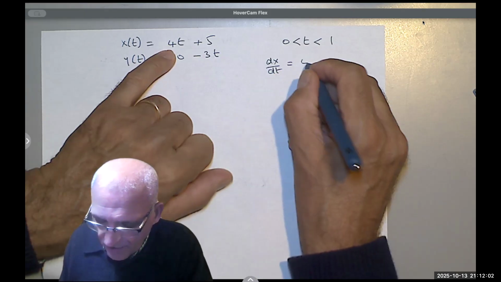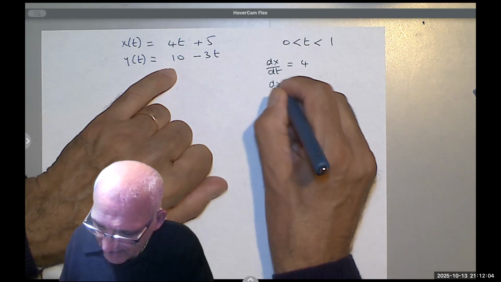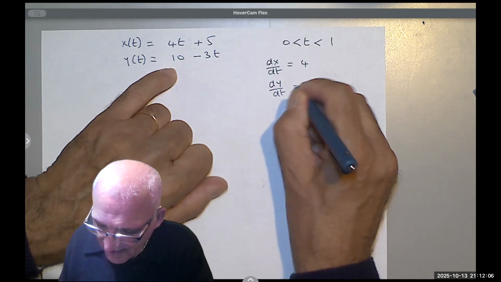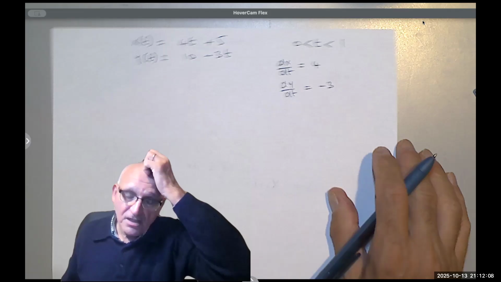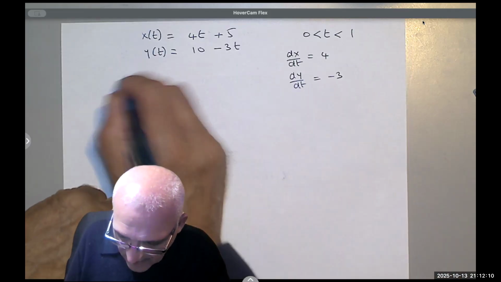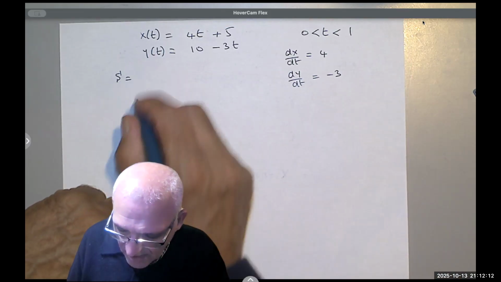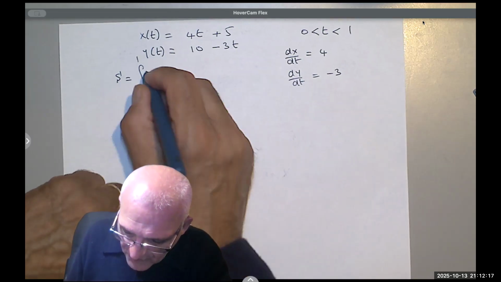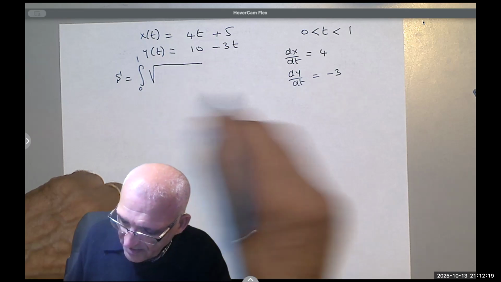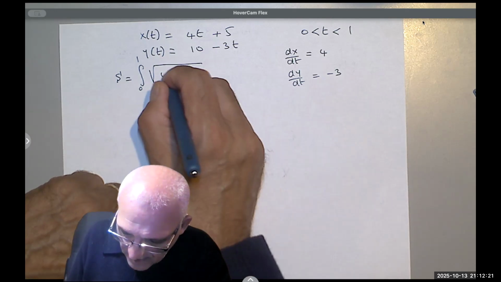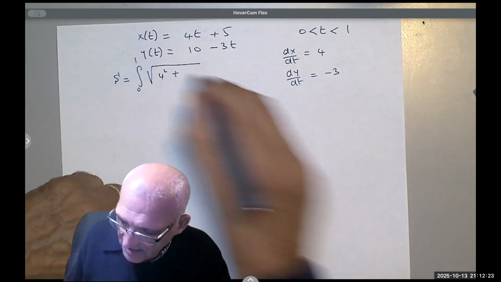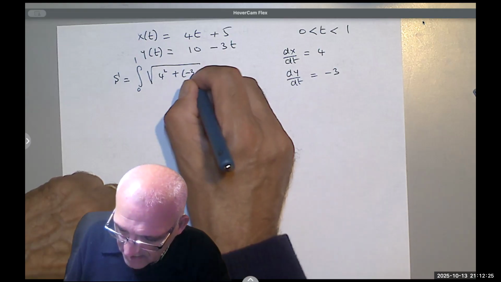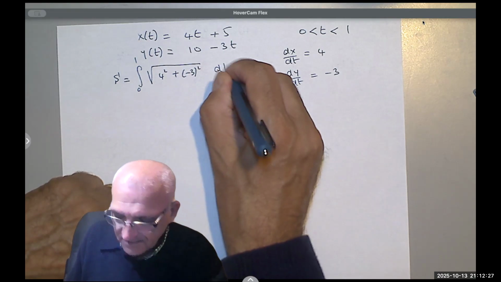It's simply 4, and dy dt is simply -3. So now we say the arc length equals the integral from 0 to 1 of the square root of dx dt squared plus dy dt squared dt.